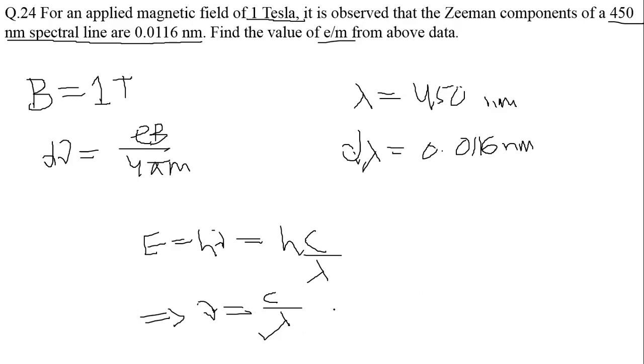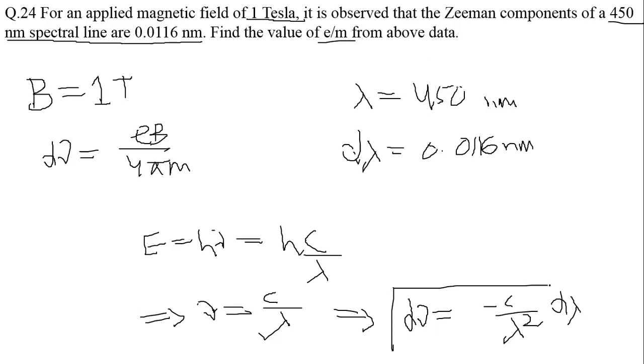So when you take the derivative of frequency, the frequency derivative will be d nu, and that will be equal to minus c by lambda squared into d lambda. So this is the conversion from the frequency domain to the wavelength domain.